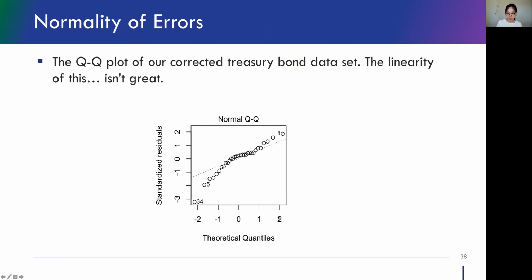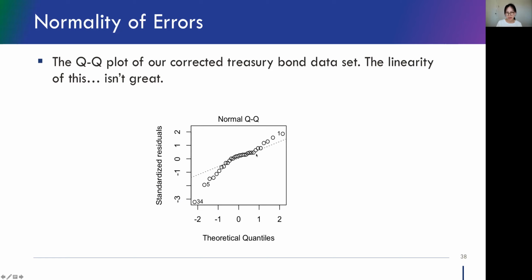The dashed line is where the points should fall if the standardized residuals follow a normal distribution. But our data is not really along the straight line.